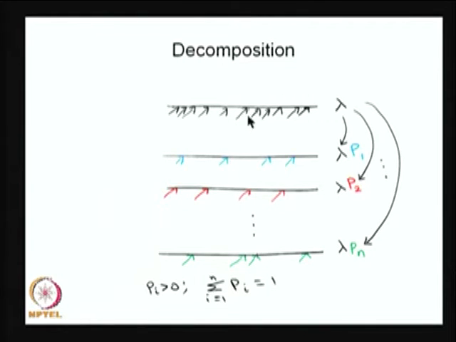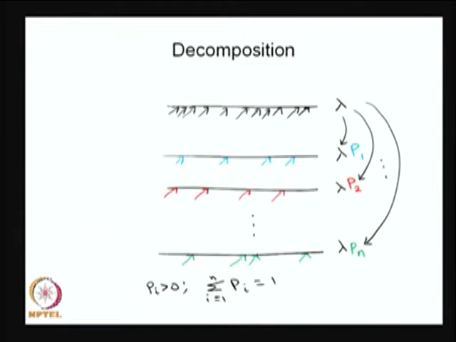That means the same arrival, with some probability P1, will end up here, with some probability P2 it will end up here, and with some probability Pn it will end up here. So, the split of one Poisson stream into n Poisson streams is allowed.